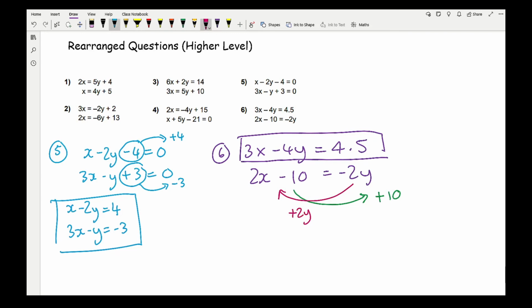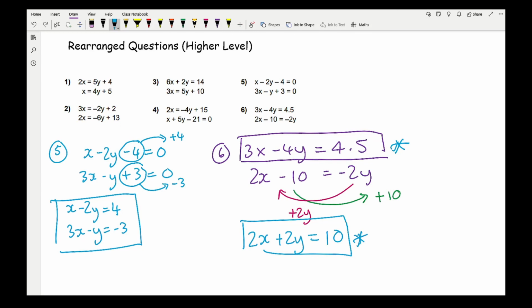So then the second equation will therefore look like 2x plus 2y equals 10. And therefore it would be this equation that I use and this equation that I use, and then use the flowchart to work out what the two values are going to be.